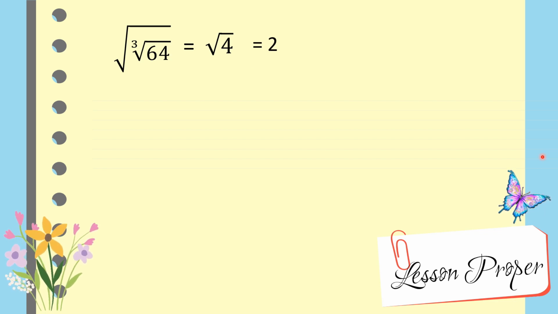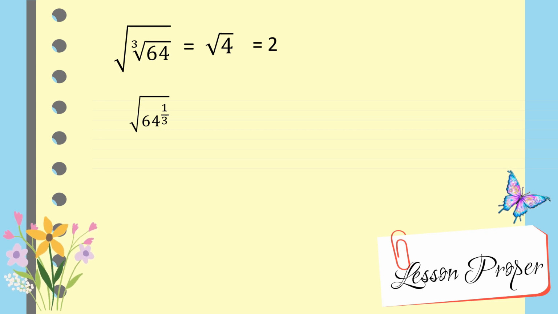Or by writing the given in terms of expression with rational exponents, square root of cube root of 64. Cube root of 64 can be written as 64 raised to, this is understood to have an exponent of 1 over the index 3.